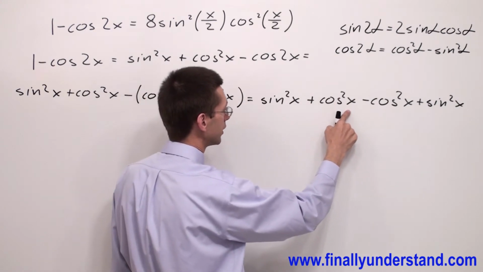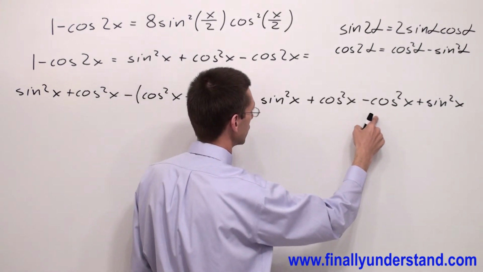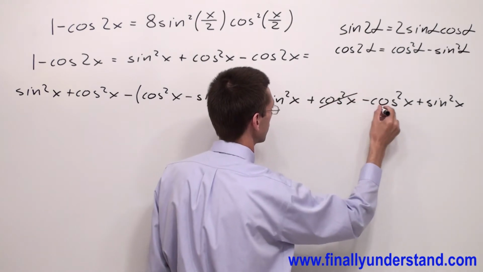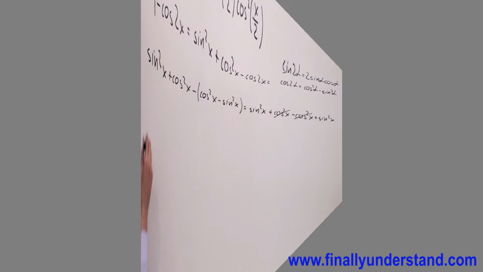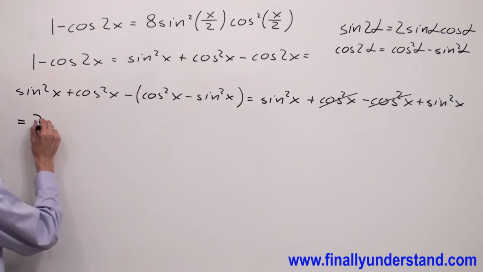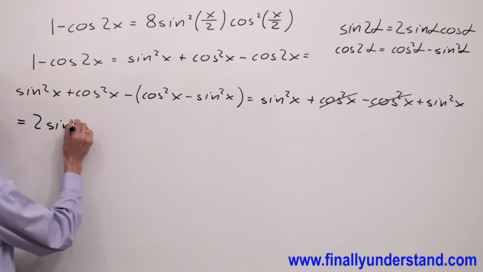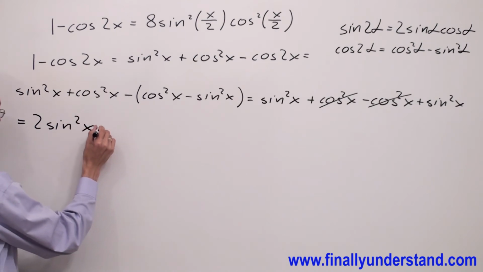Positive cosine square x and negative cosine square x will cancel out. And let's take a look at what we have got so far. This is equal to 2 sine square x.